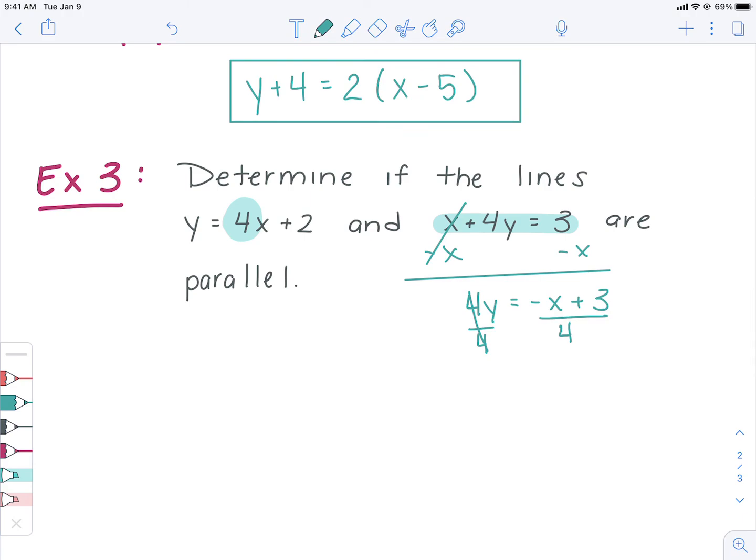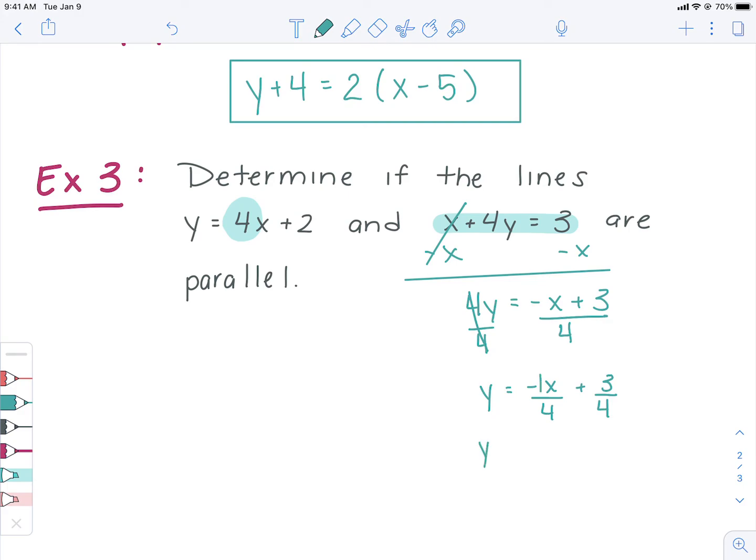When I do that, I get y equals. And now when I divide negative x plus 3 by 4, I can divide both of them by 4 because I want to know what that number is for my slope. And I know if there's not a coefficient in front of my x, that it's really a 1.